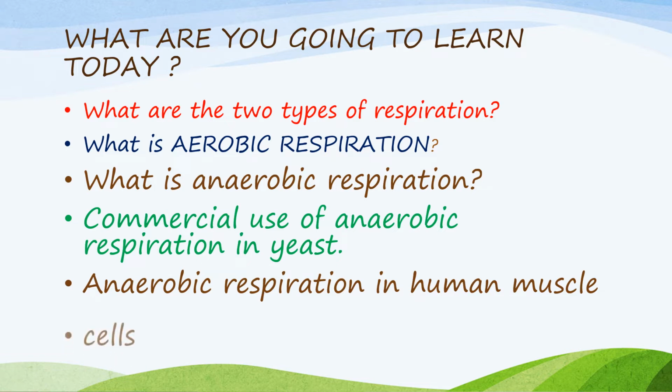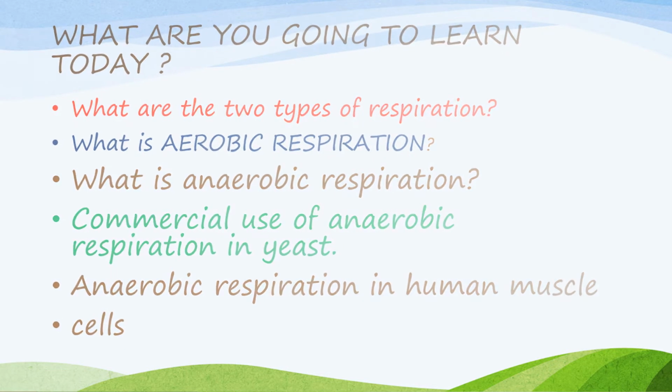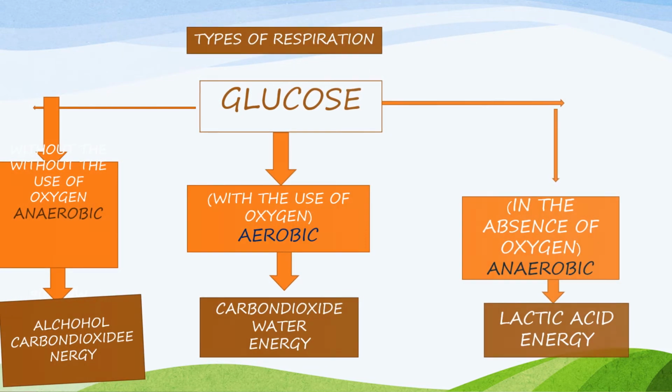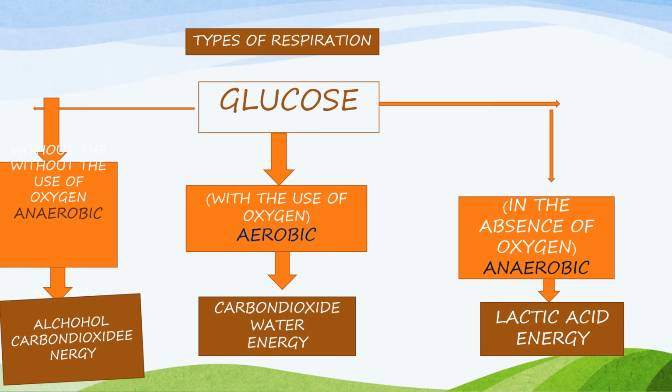Let us begin. Aerobic respiration is the release of energy from glucose in the presence of oxygen. Strictly speaking, aerobic means in air. However, it is the oxygen in the air which is necessary for aerobic respiration.